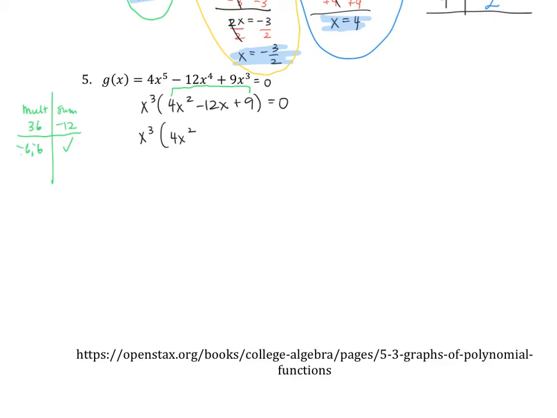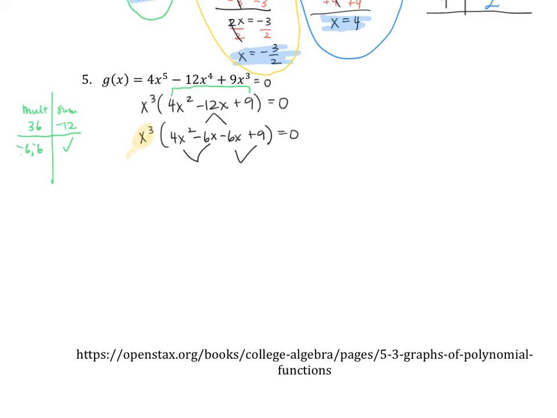So what I'm going to do here is split up the middle term. This negative 12x is going to split up into negative 6x and negative 6x. Bring down the 4x squared and the 9. And now I can factor by grouping here. So I just need to remember to bring this down at the end.